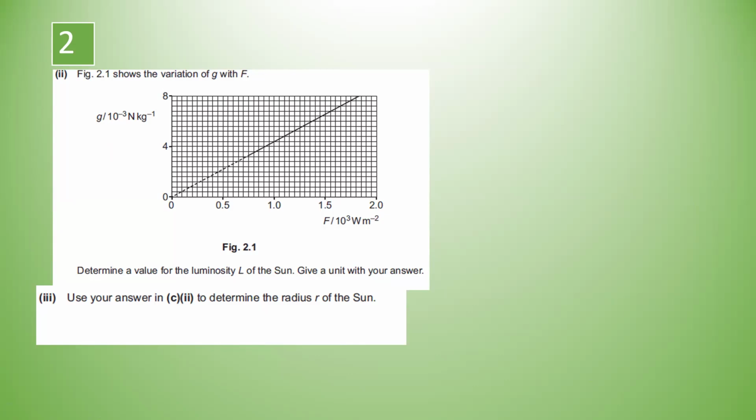Now you apply it to the graph. Figure 2.1 shows the variation of g with F. Determine the value of luminous intensity of the sun if you need it for your answer.